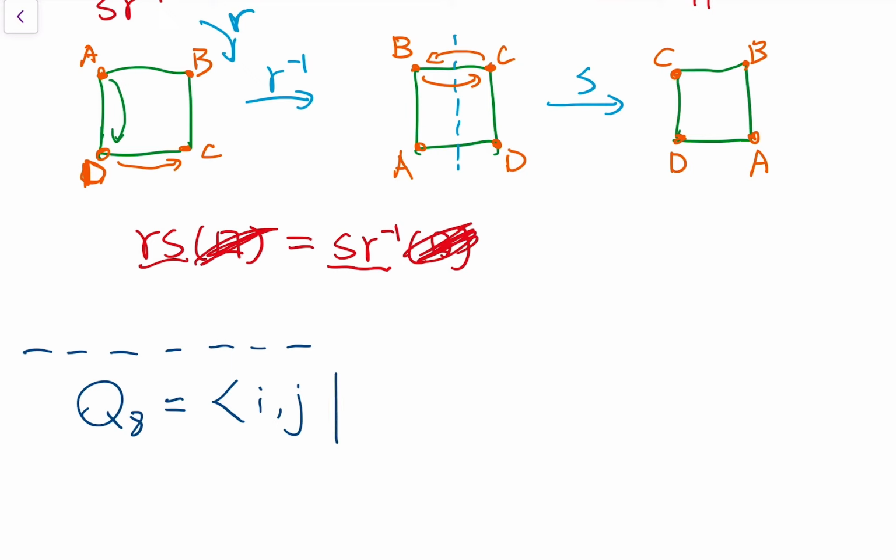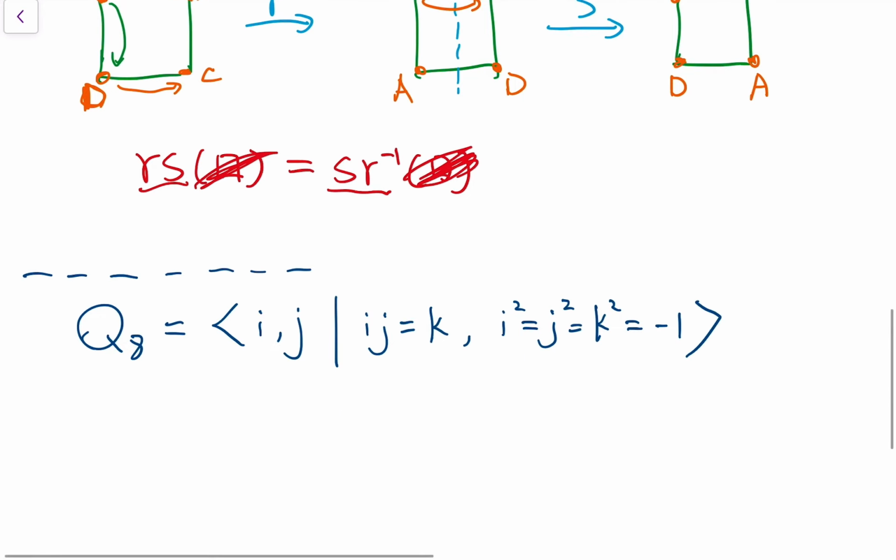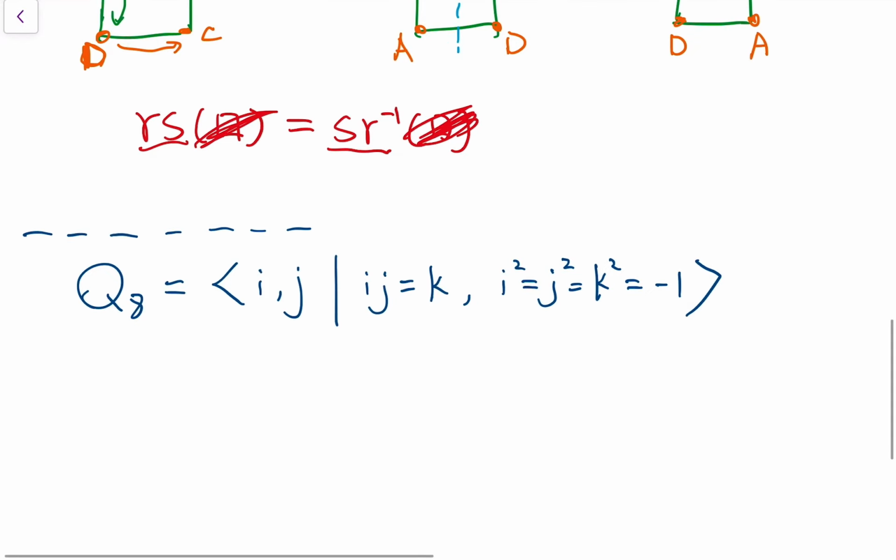In this group, i times j is defined to be another element k, and then i squared equals j squared equals k squared equals -1, not 1. And this is the definition of the Quaternion group. Here we should note that this -1 is the inverse of 1.